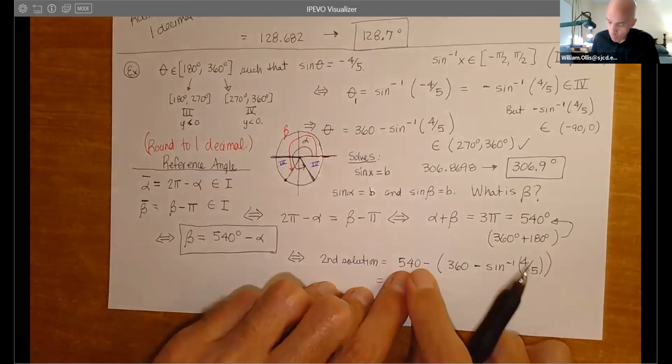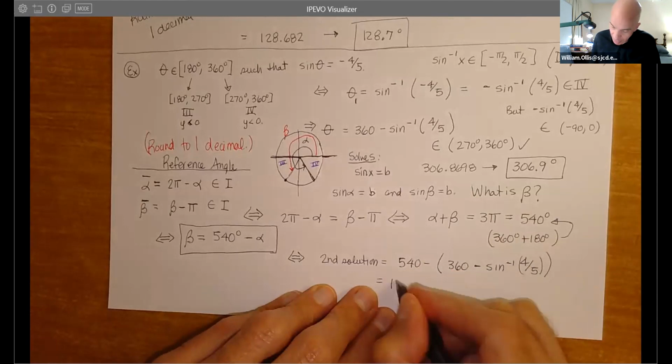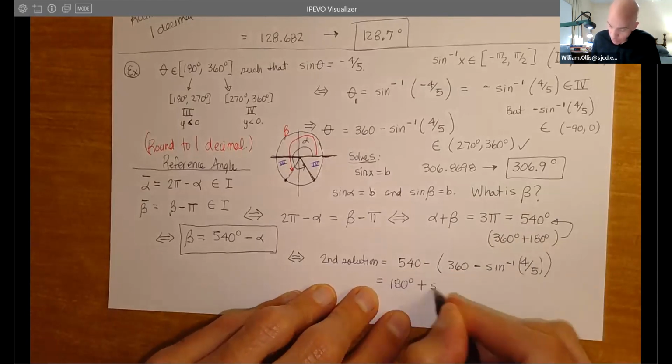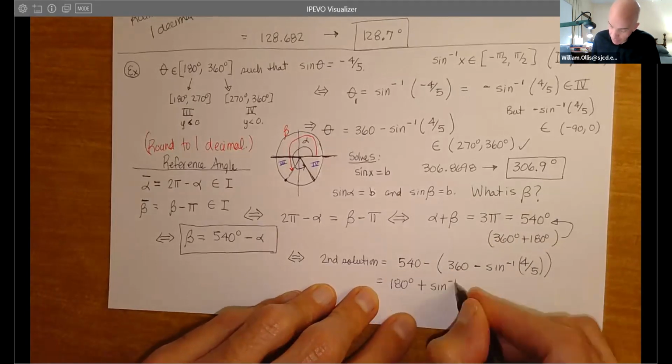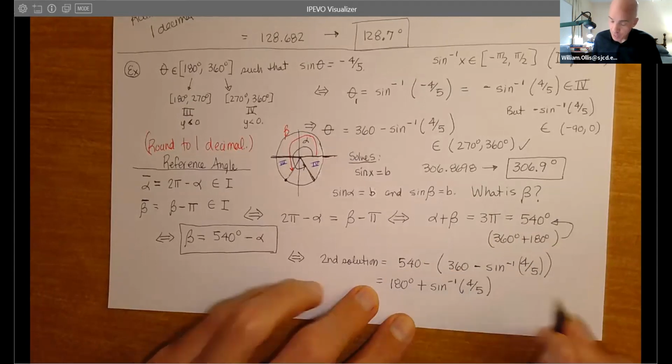So that'll be 540 minus 360, that's 180. So 180 degrees plus inverse sine of 4/5. So that's the second solution.